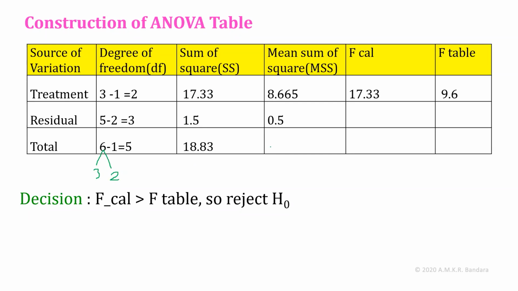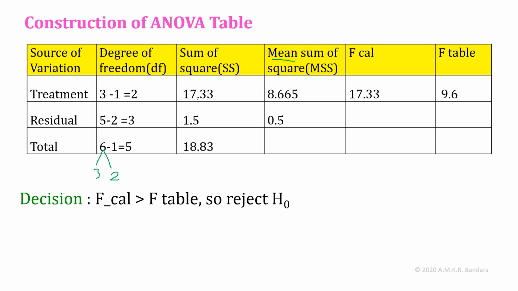Next, what you have to find is the mean sums of square. The mean sums of square can be calculated by dividing the corresponding sums of square by the degree of freedom. So in order to find the treatment mean sums of square, you have to divide the treatment sums of square by the treatment degree of freedom.